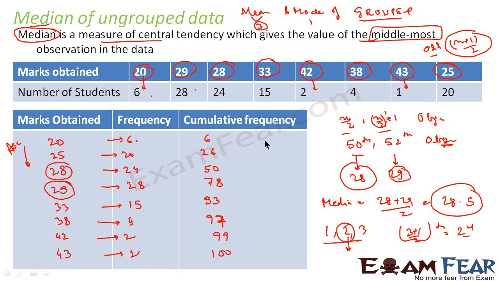In case the values are 1, 2, 3, 4, here n is even, so I'll take n by 2 and n by 2 plus 1, that is 4 by 2 and 4 by 2 plus 1, that is the second and third term. The second term is 2 and the third term is 3. I'll take these values, find the mean, that is 2 plus 3 by 2, that is 2.5, and this will become my median. These things we have done in the earlier classes, I just want to revise.